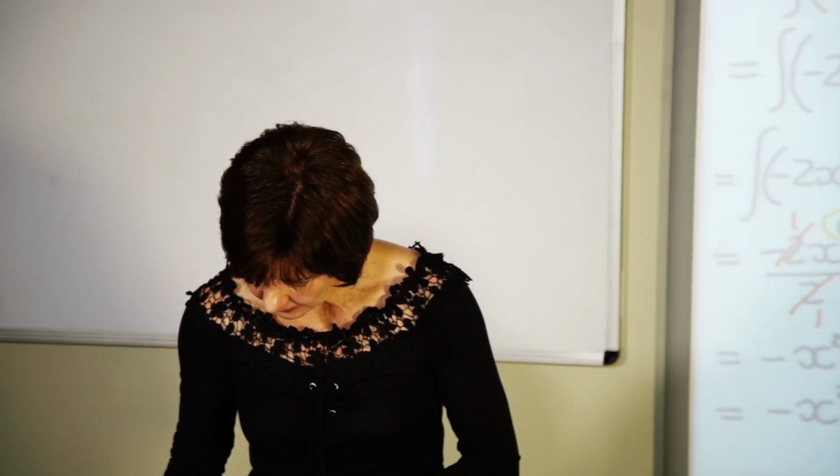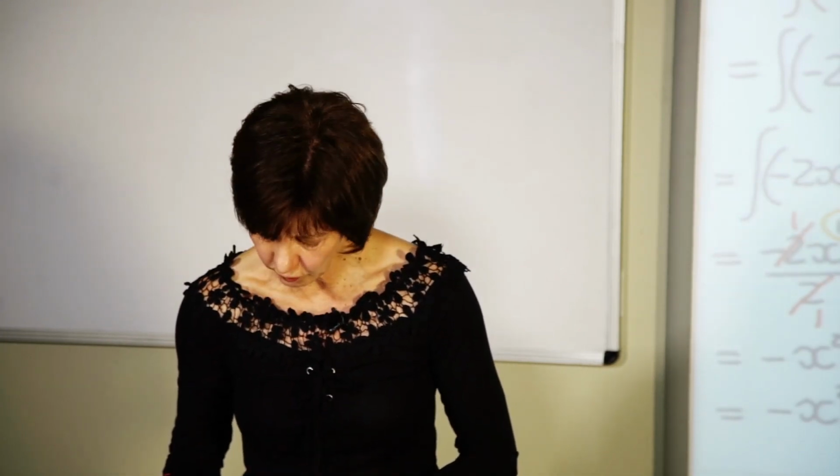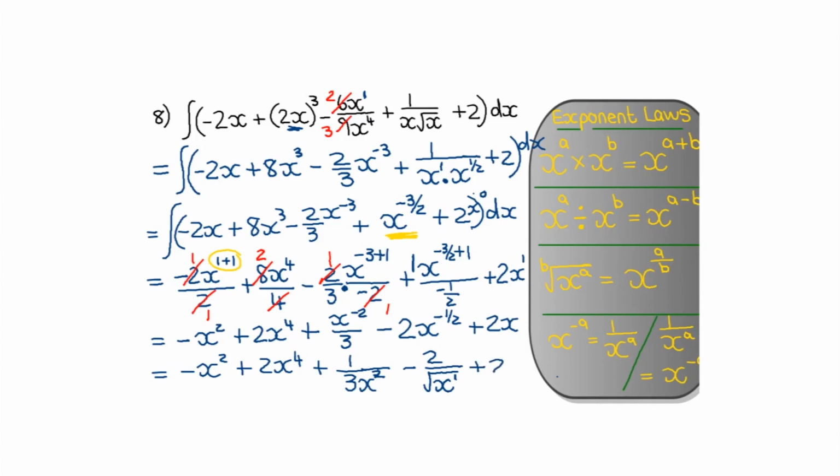Then remember, I can still write it in surd form, plus the 2x. And I actually forgot something. I forgot to say next to all of these terms, plus a constant. So my final answer will have here plus a constant. Okay, and all those terms are integrated.